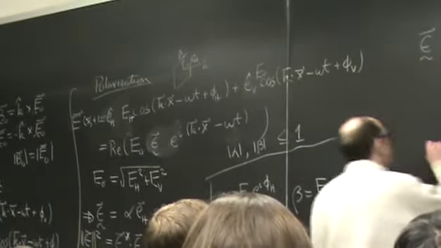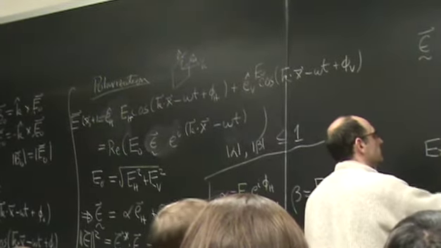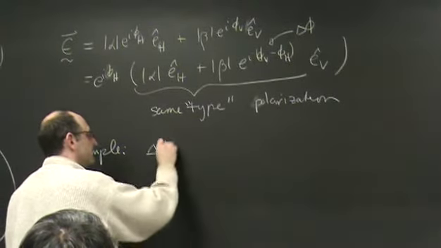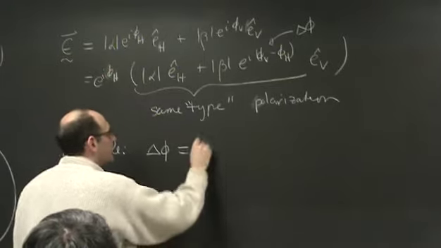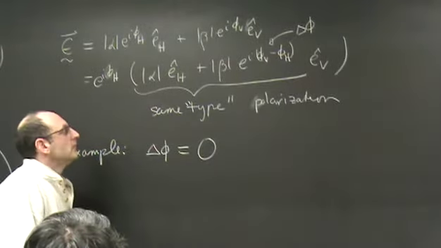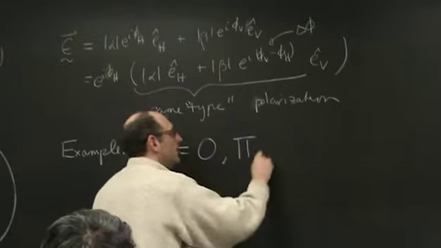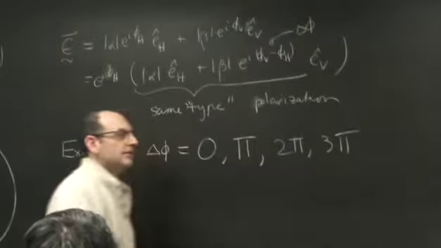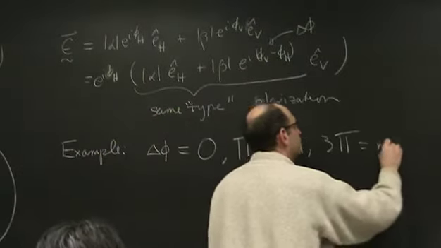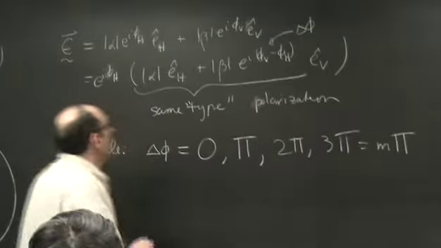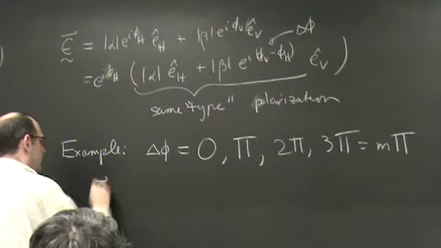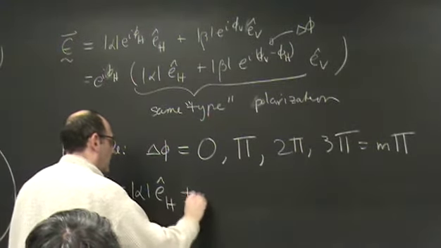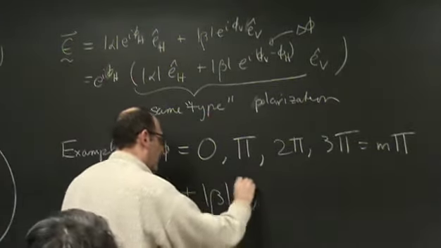So, for example, as we discussed, if this phase difference is 0, or pi, or 2 pi, or 3 pi, in other words, if it's a multiple of pi, then the polarization vector has the form like this.